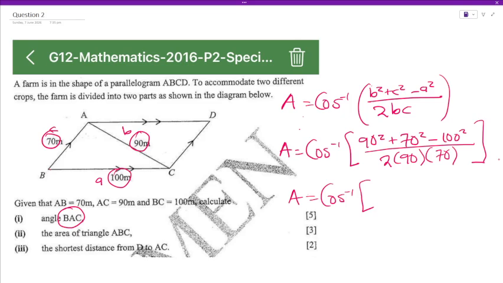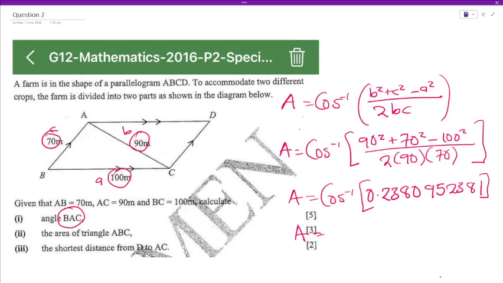That should give me a very small decimal, which is 0.2380952381. At this point, I'll press cos inverse, so I'll simply say shift cos.